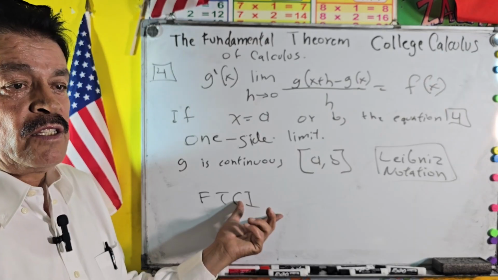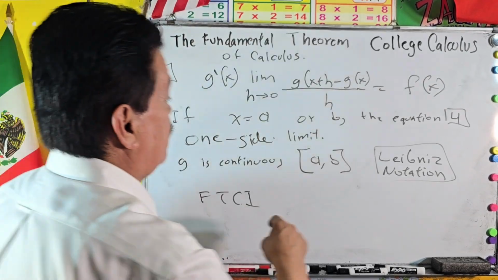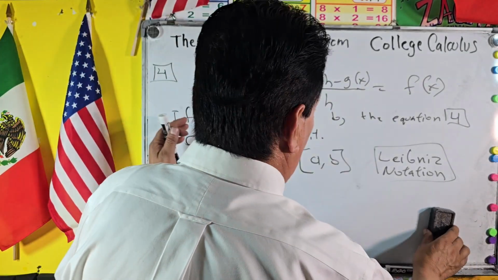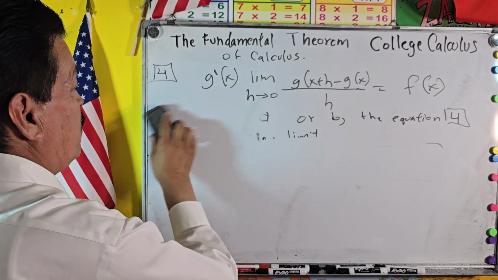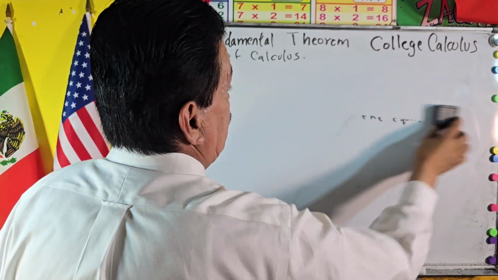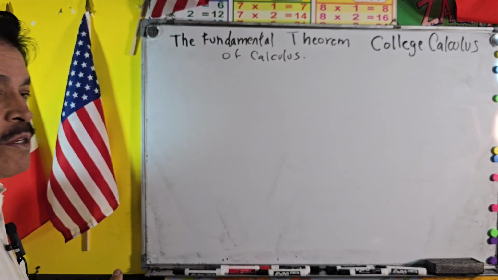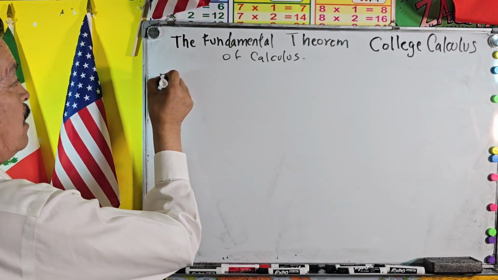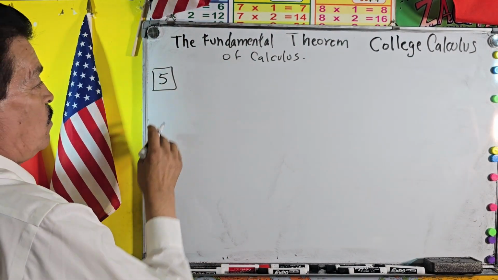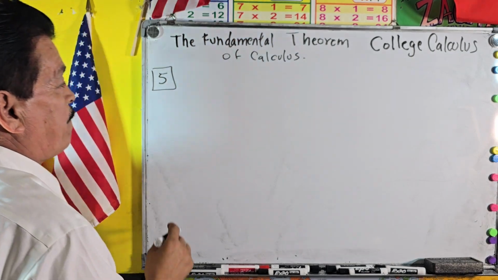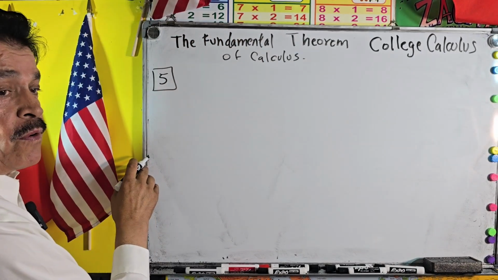All right, so number 5. After this, I write number 5. I will show you in a problem. Right now it's a 30, but it's important to know some concepts before our class.